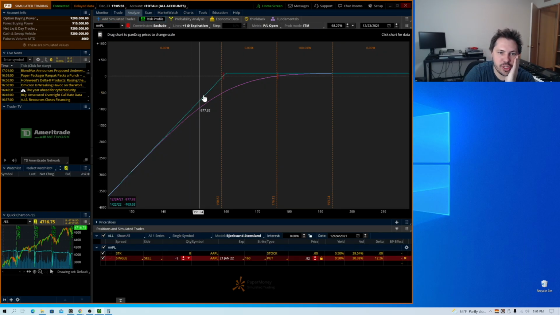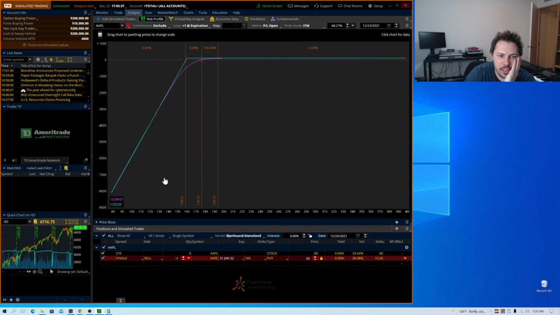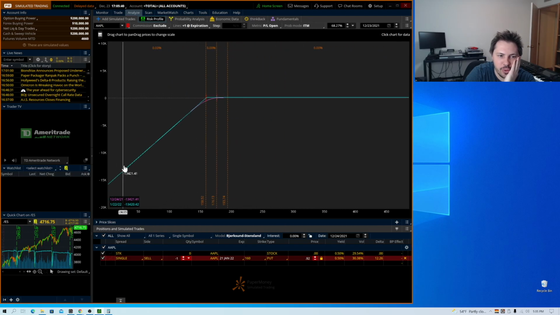We'll come into the risk profile, and now we'll drag this all the way out so we can see what that max loss is. The max loss is going to be a little bit more than 15 grand.